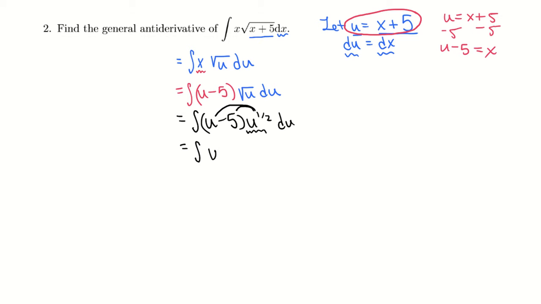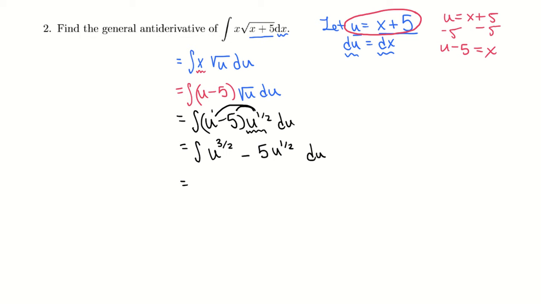That'll give us u to the 1 plus 1/2, which is 3/2, minus 5u to the 1/2. And now we can integrate.